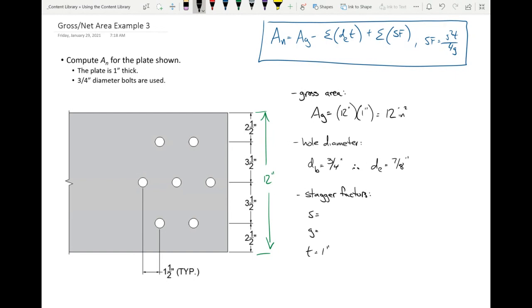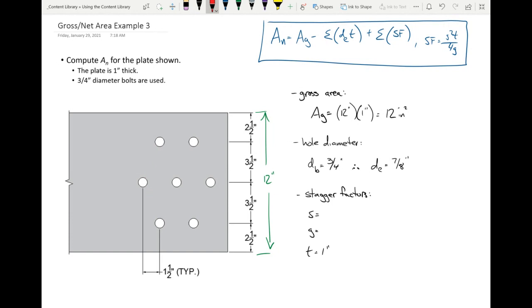Can somebody look at some of these diagonal paths, those diagonal paths there and whatnot, and tell me what the S value is going to be for one of those diagonal paths? Let's see if anybody remembers what the difference between S and G is.